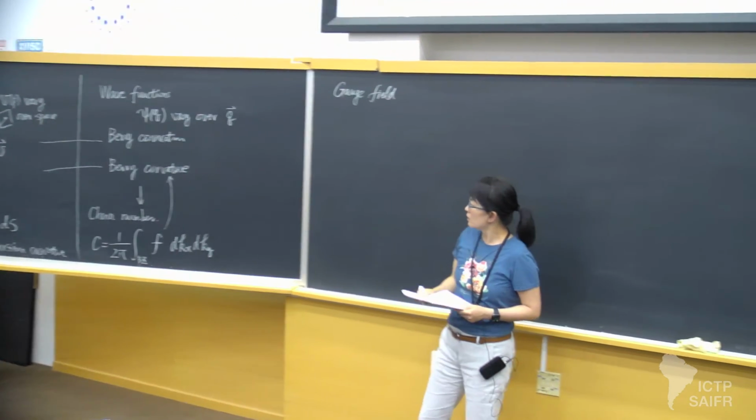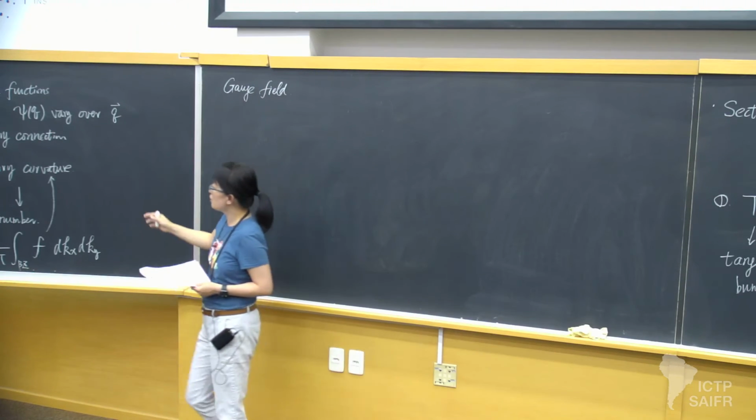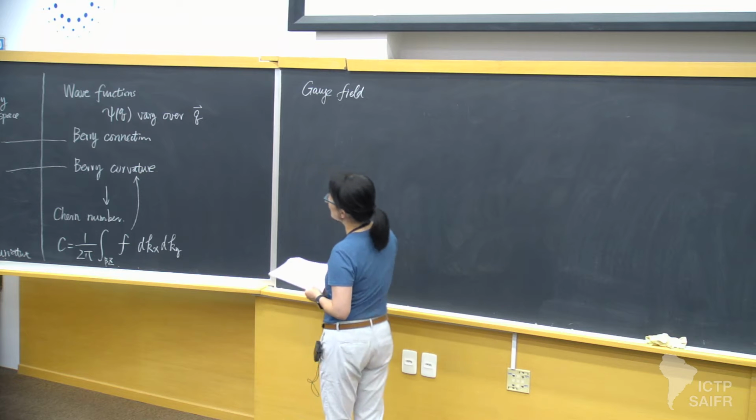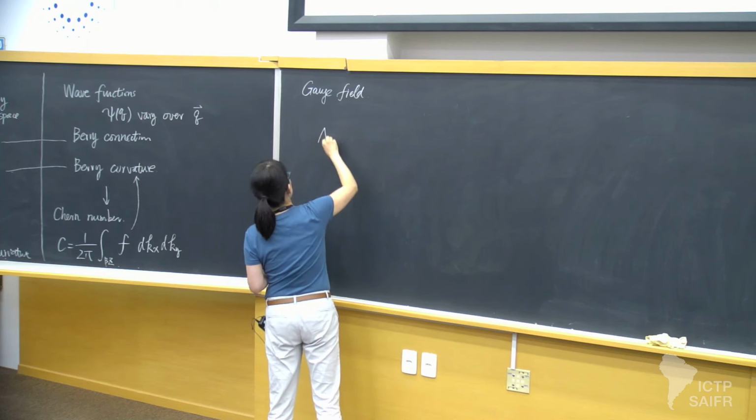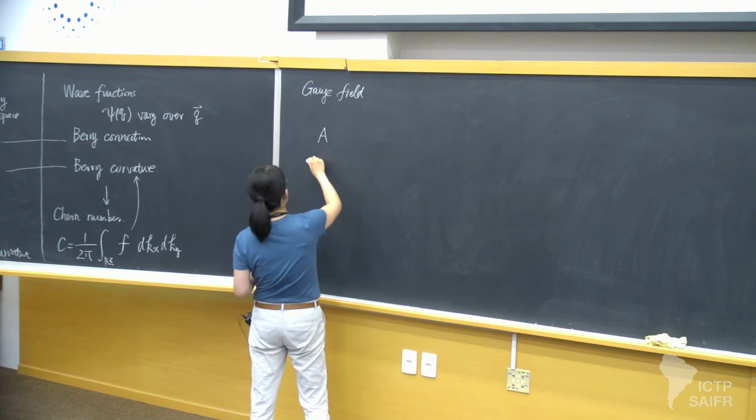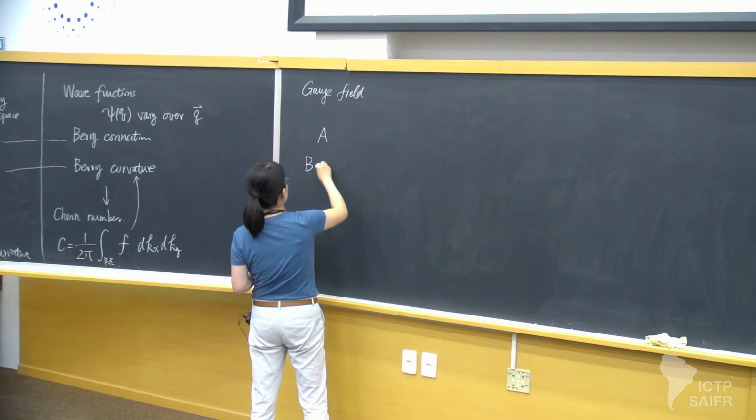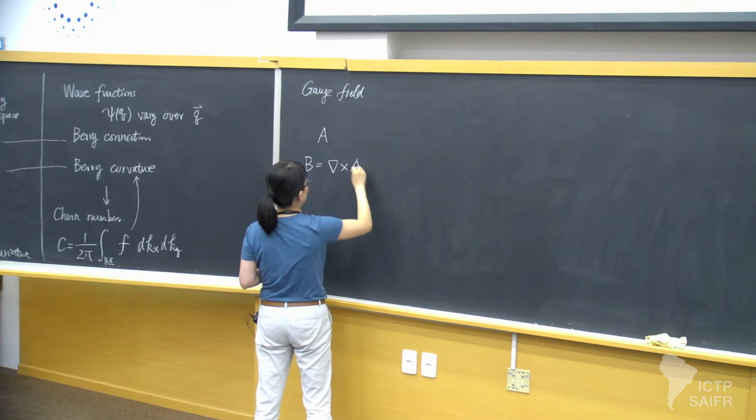So the analogy with this picture here is that you can relate the connection with the A field and the curvature with the B field.